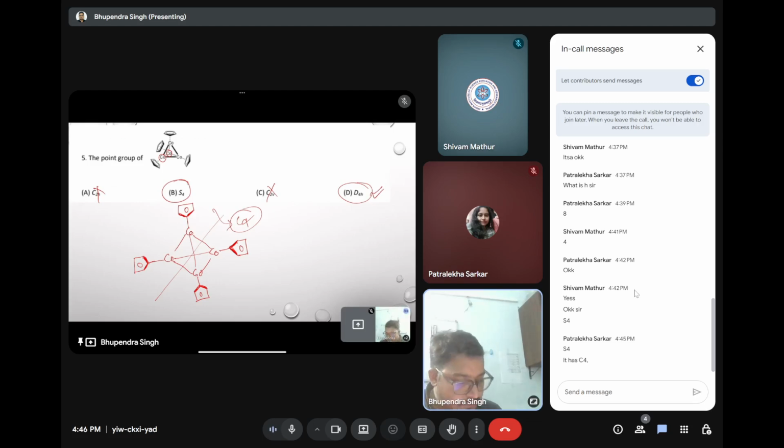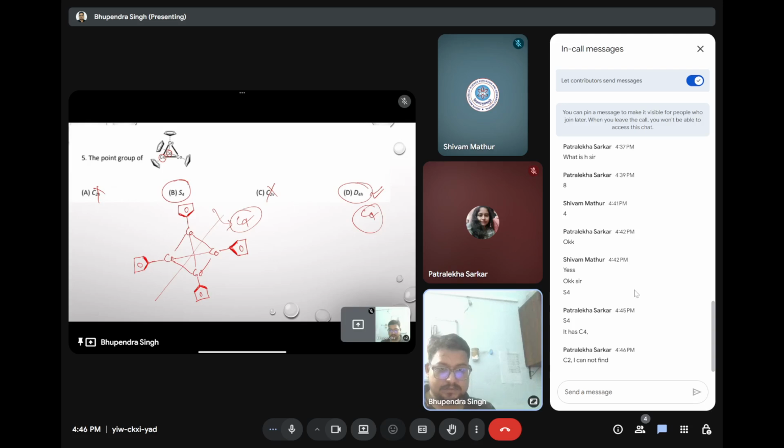Because the principal axis of rotation here is also C4. C2 I cannot find. No, you cannot find. It doesn't mean it will change the point group of the molecule.